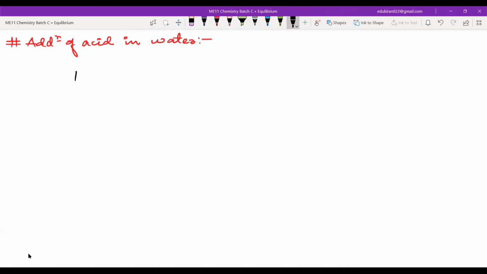We will have HA. HA means what? A protic acid. This H plus is going to act as acid plus water, and it is going to give you H3O plus aqueous plus A negative ions. Okay, generalized reaction that I'm writing.